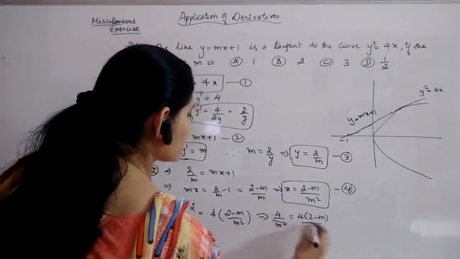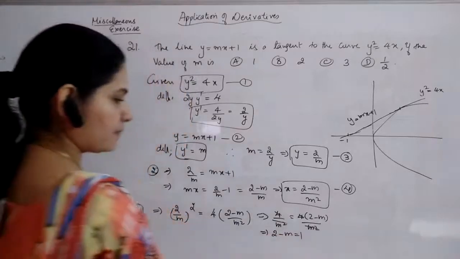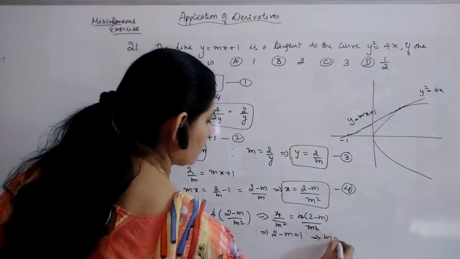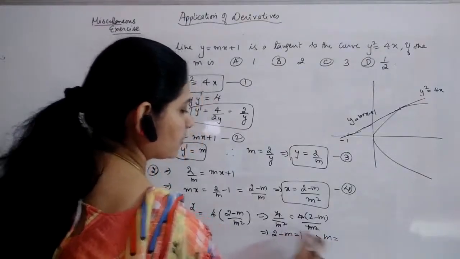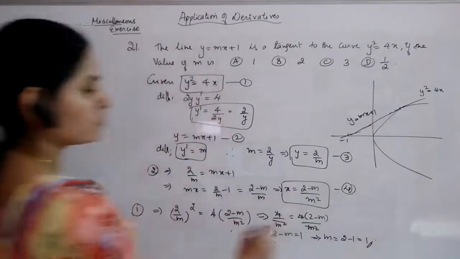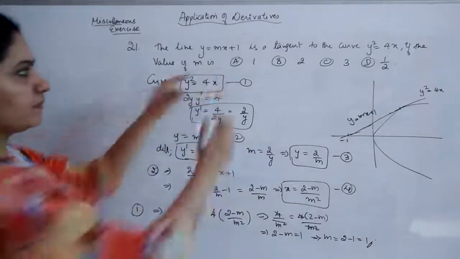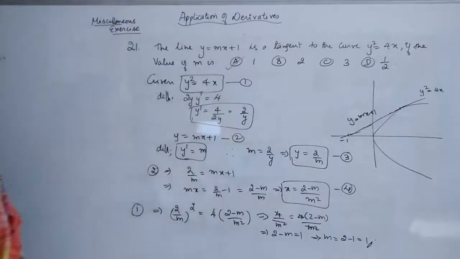So m square gets cancelled, 4 gets cancelled, you are getting 2 minus m is equal to 1, or m will go there, this will come here, m is equal to 2 minus 1, which is equal to 1. So what is the answer? Option A, 1. Okay, clear?